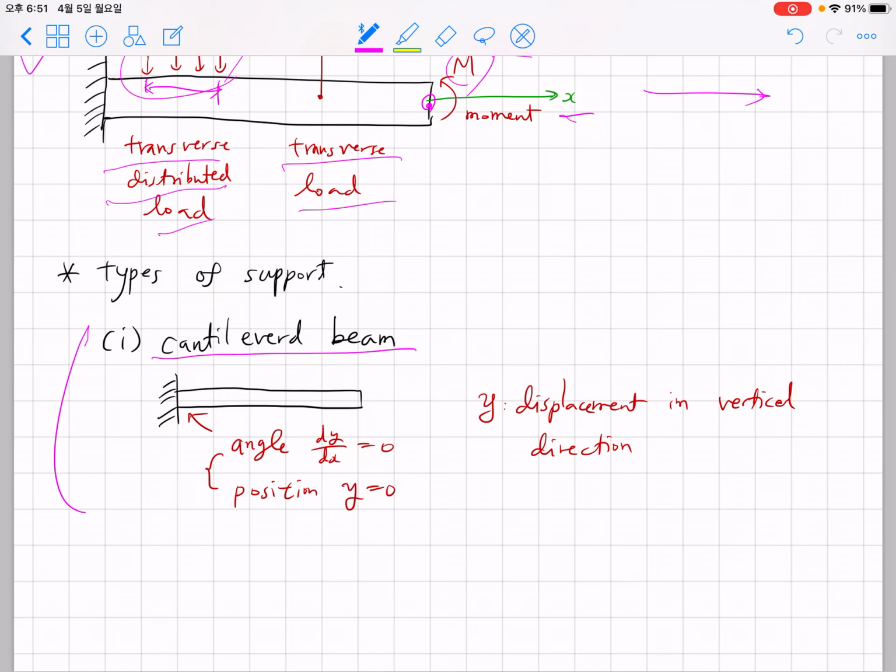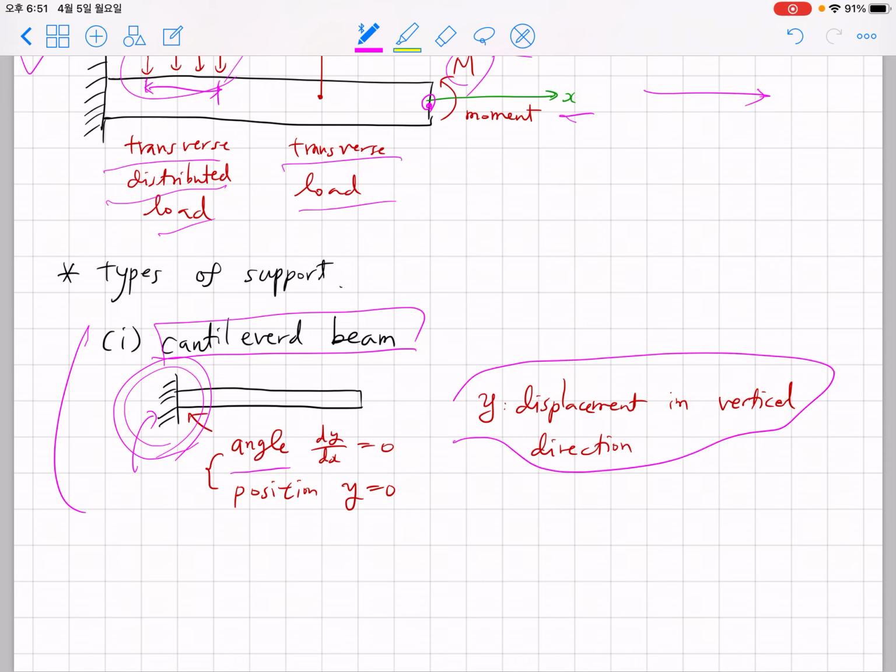First, we'll consider cantilevered beam, and typically you're going to see this kind of diagram. This is a rigid wall, and this refers to cantilevered beam boundary condition. Even though the textbook and I make this kind of diagram, it has mathematical meaning. When you see this visualization, it means that the angle dy/dx, where y is the displacement in the vertical direction, this is the slope dy/dx.